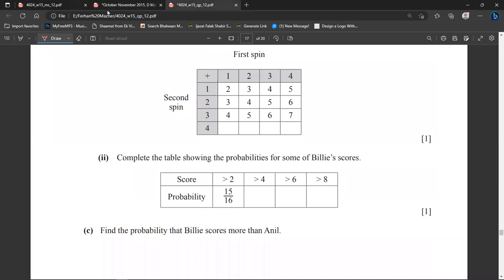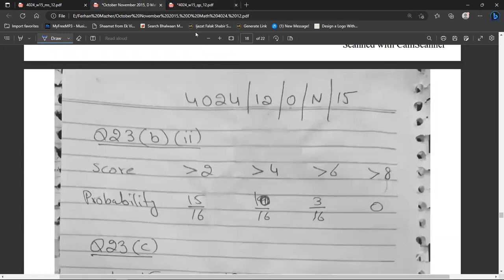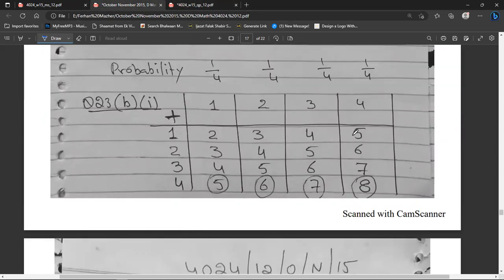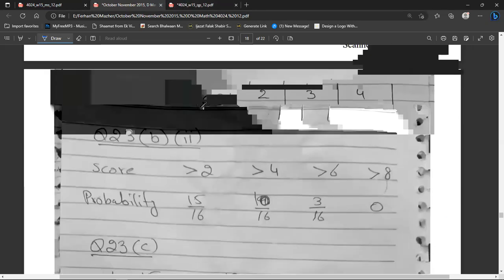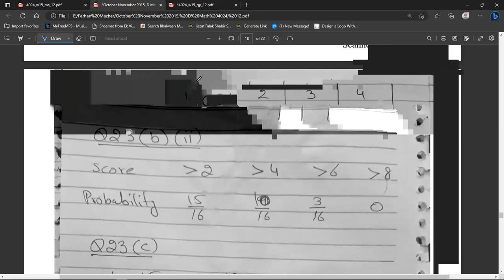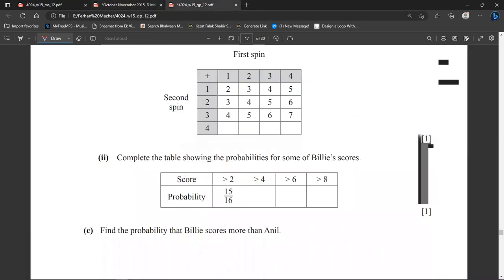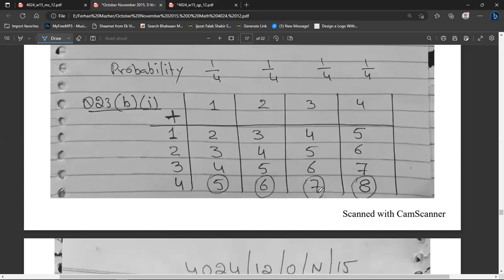Then getting a score more than 4. So where is that table? More than 4, this will be 1, 2, 3, 4, 5, 6, 7, 8, 9, 10. That will be 10 by 16. Then getting a score more than 6 will be 1, 2, and 3.